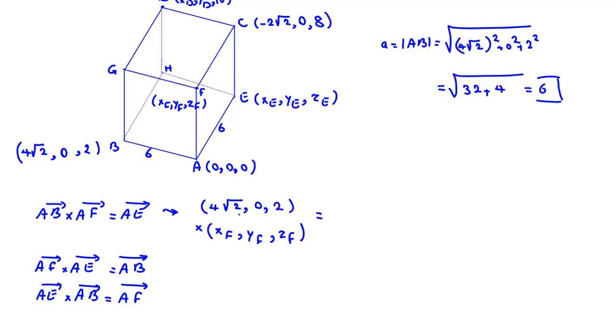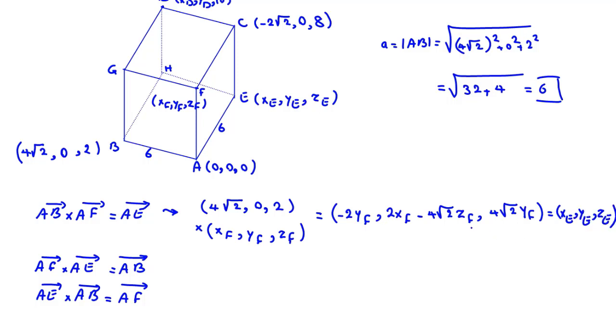For the x coordinate, you say 0 times ZF minus 2YF, so minus 2YF. For the y coordinate, it will be 2XF minus 4√2 ZF. For the z coordinate, you say 4√2 YF minus 0 times something. Okay. And we know it is equal to AE, which is (XE, YE, ZE).